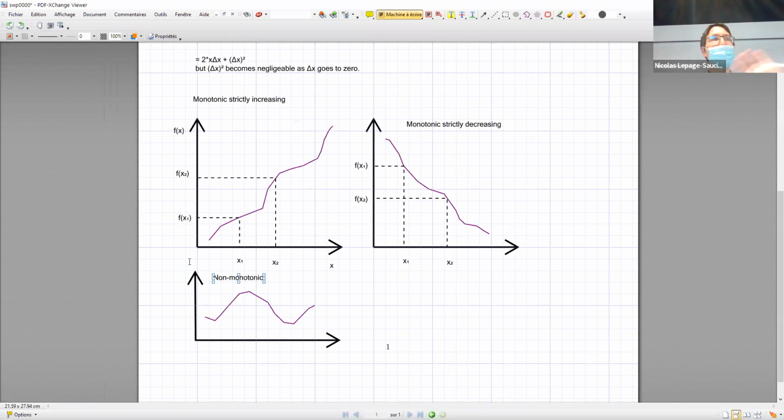Okay, so it's really nothing to be scared of. It's just a definition of properties of functions.